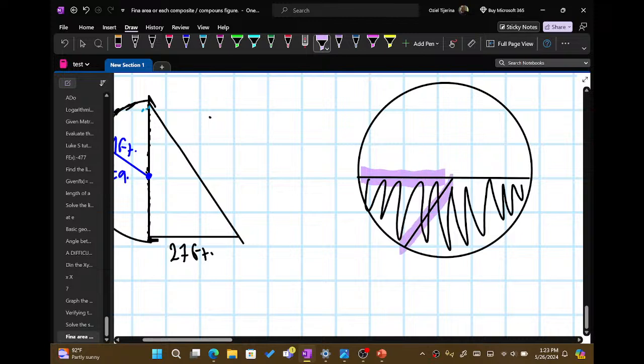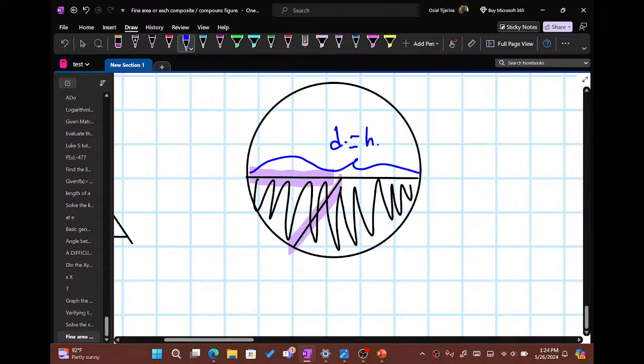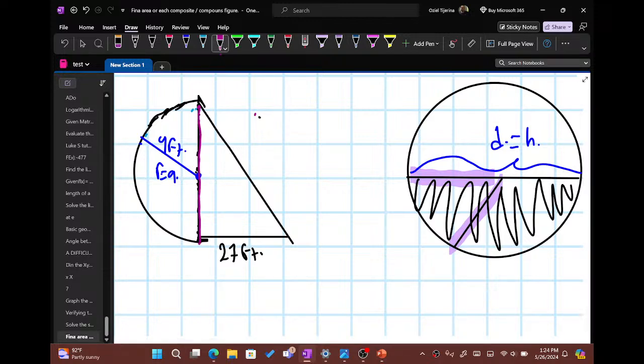So this has to be the radius of the circle. And the entire thing here, this entire part, is the diameter, which is equal to the height of the triangle. So y'all can clearly see here that the diameter of the circle is the height of the triangle.